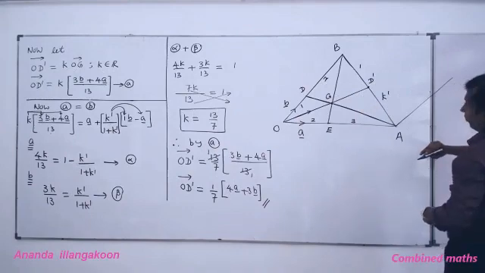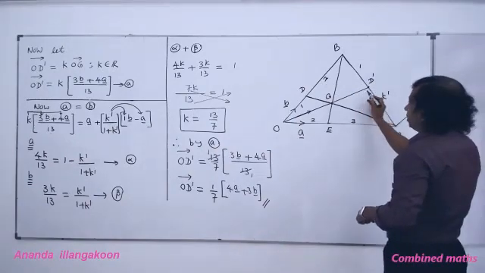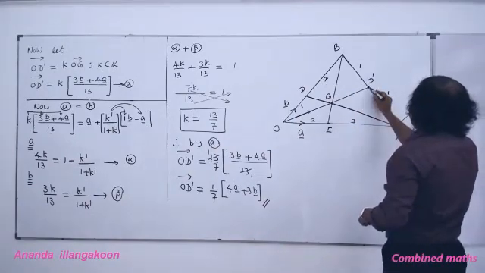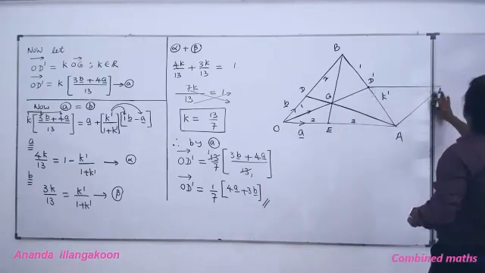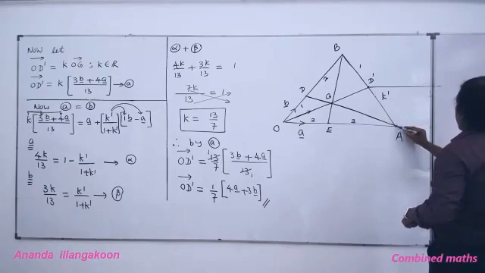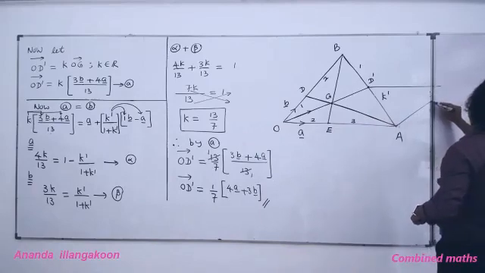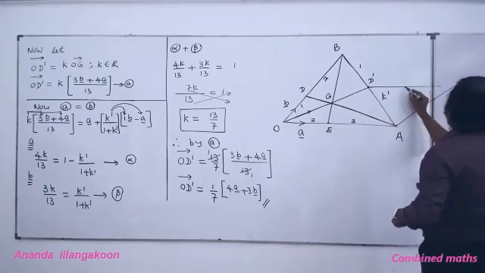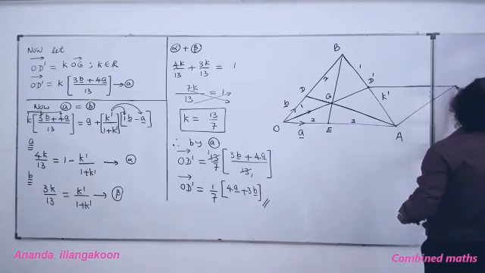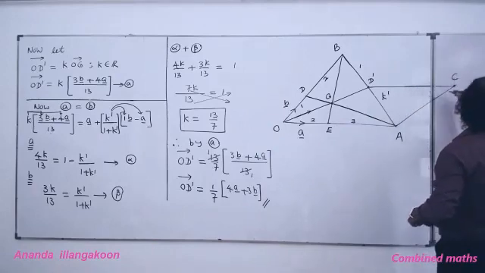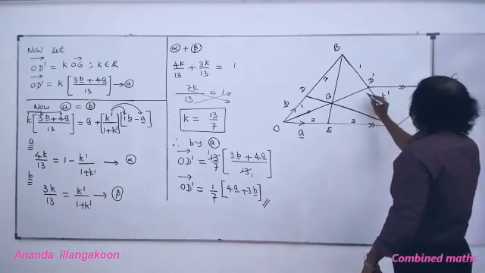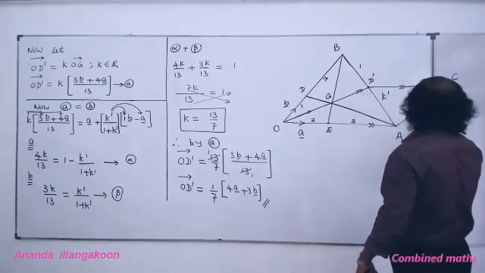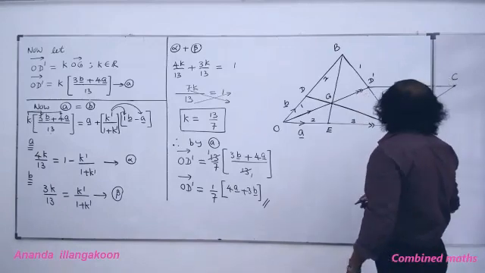And through this D dash, I have to draw a line parallel to OA, this one, furthermore inclined. This point should be equal to C. This and this being parallel, this and this being parallel, then only this becomes a parallelogram.